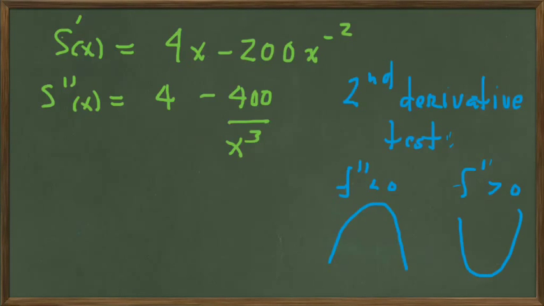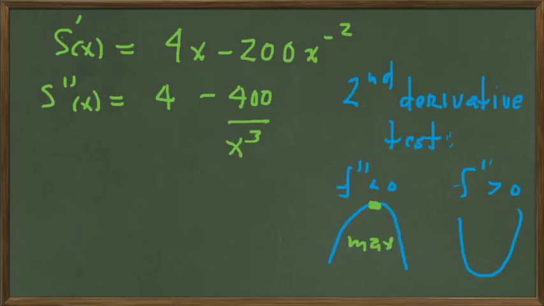So if we have a critical value and at that critical value the second derivative is negative, then we know that that critical value is a relative maximum.